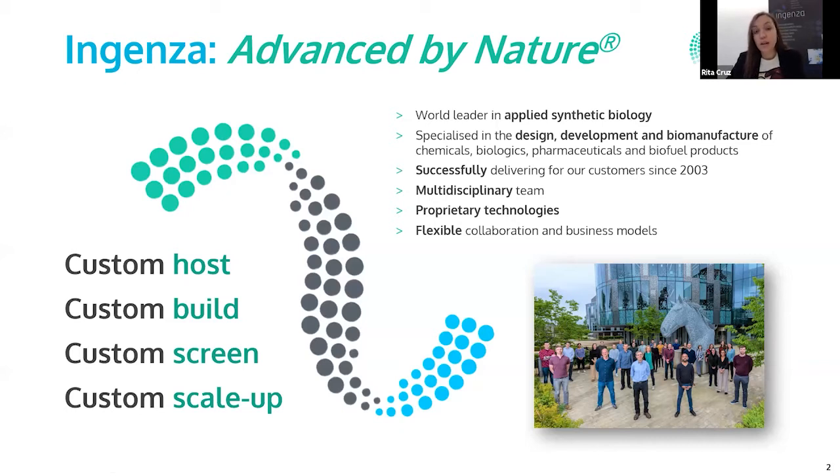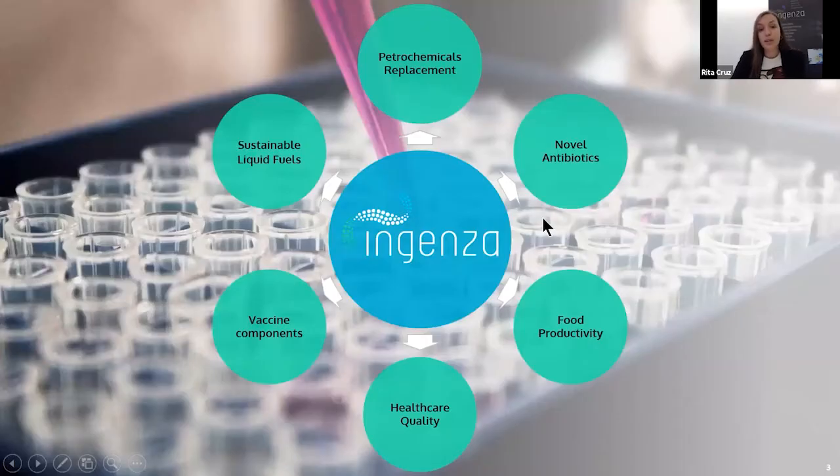So we get different customers that come to us with particular issues, and we specialize in the design and the optimization of biomanufacturing processes for chemicals, proteins, pharmaceuticals, and also biofuels. We are a very multidisciplinary team, and we've worked with customers and universities in several applications in a diverse range of projects.